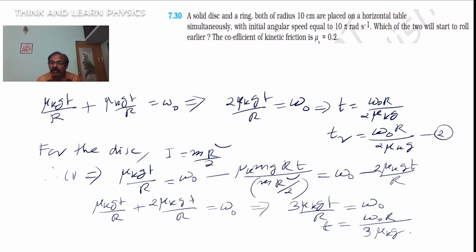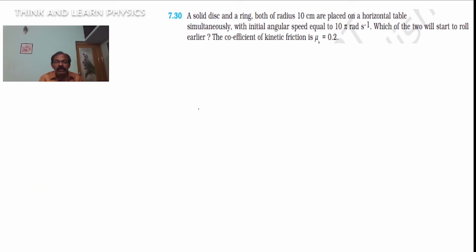This is the time for the disk. Therefore we get the time taken by the disk as Td equals omega naught r divided by 3 mu k g. Let this be relation 3.